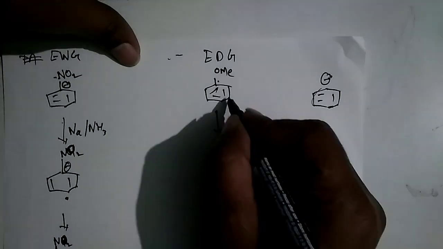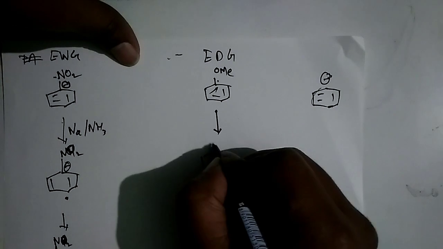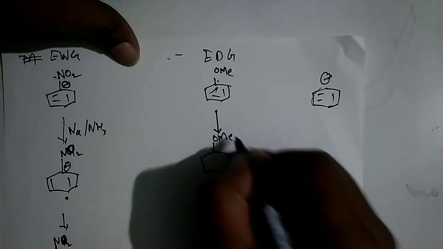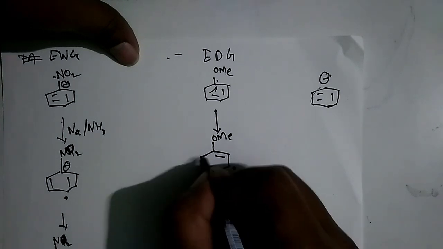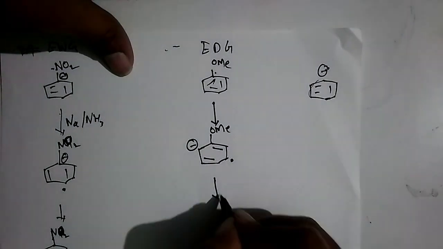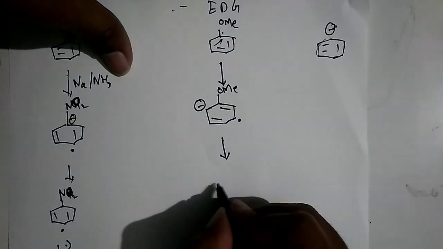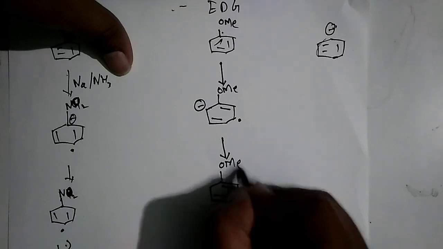So let's say here goes OMe, here goes a radical, and here an anion is being formed. The mechanism you know, we skip the rest of the steps and directly jump to our final product, which would look like this one.